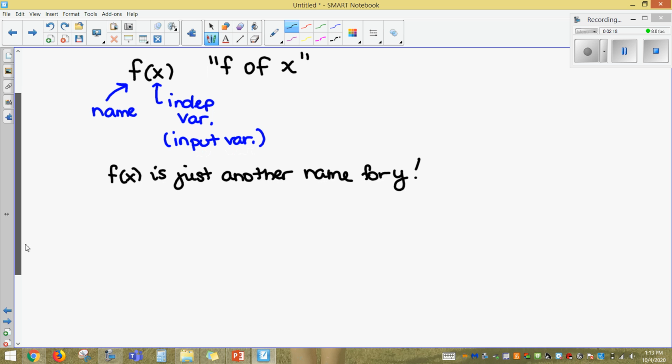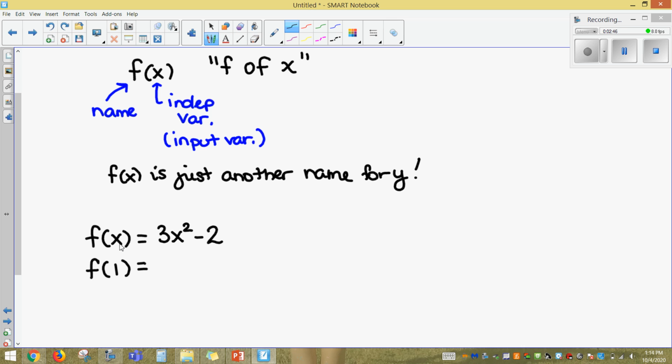When we're asked to evaluate functions, sometimes our function will be given to us as an expression in x. It'll say f of x equals 3x squared minus 2. And then once we know what f does to x, we'll usually be asked to find f evaluated at a certain point.